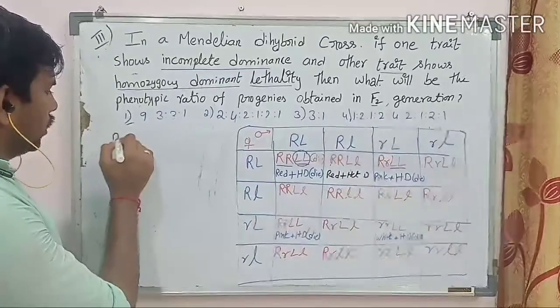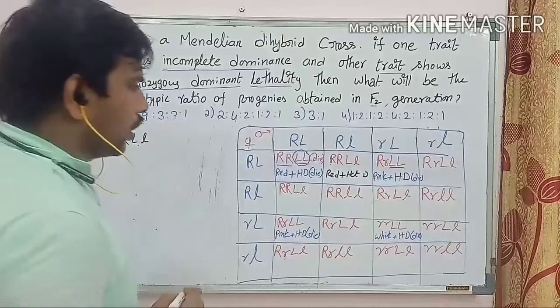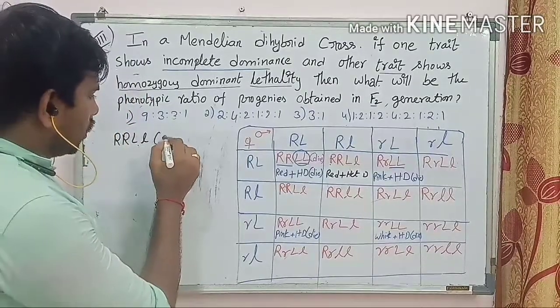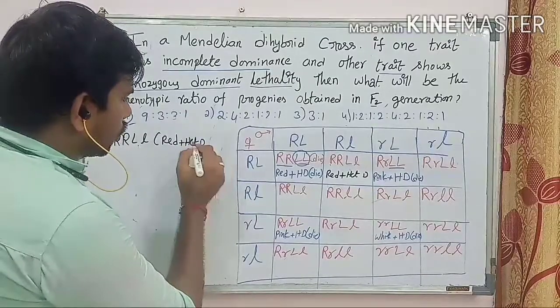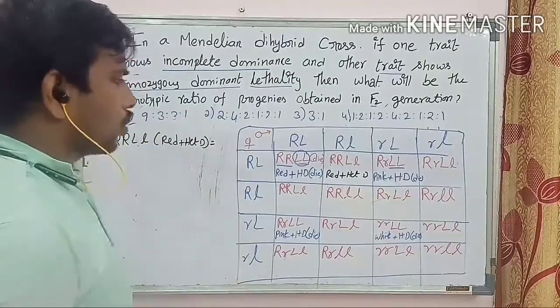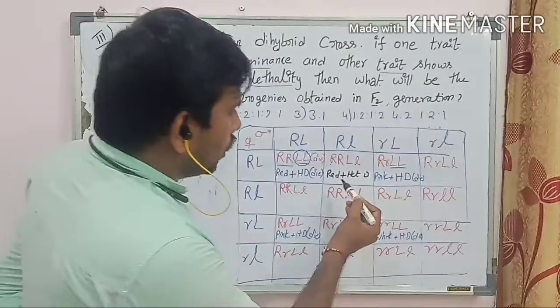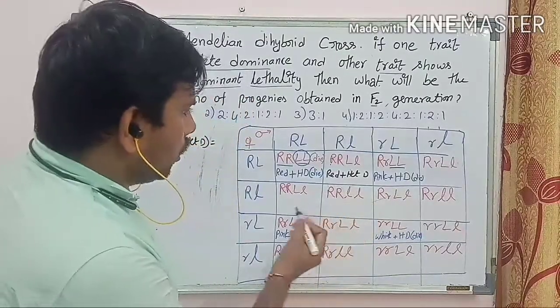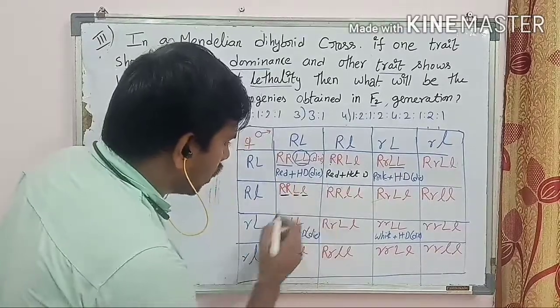I'll take here capital R, and capital L, small l. Now this is actually red plus heterozygous dominant. Now how many total organisms with this phenotype? Now see, capital R, here another one, capital R, capital L, small l.